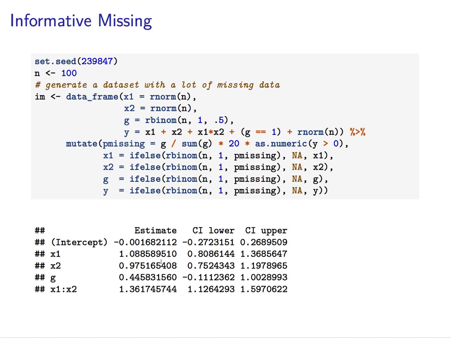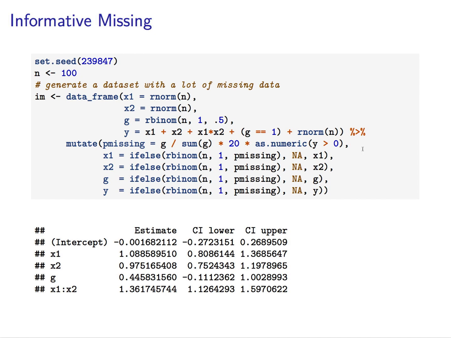Now, when we change the probability to be conditioned, again, we have the same data set, exact same data that we are generating. The only difference is we're throwing out a different subset of the data. So when we change the probability to be conditioned on both group 1 and Y being in the top 50% of the distribution, so if we condition on G, and when Y is in the top half of the distribution, then we're at much greater risk of having missing data.